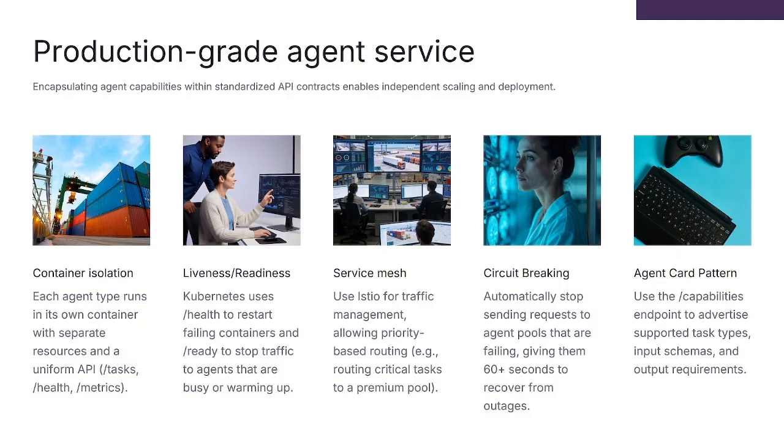Use Istio for traffic management, and priority-based routing, e.g. routing critical tasks to a premium pool. So agent distribution uses a microservice architecture as well. A multi-agent system uses microservice architecture.